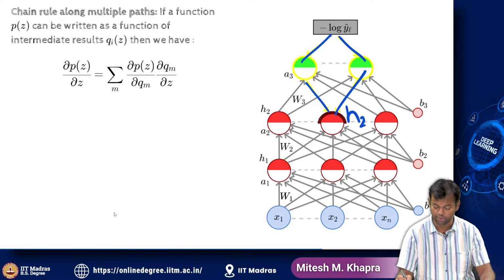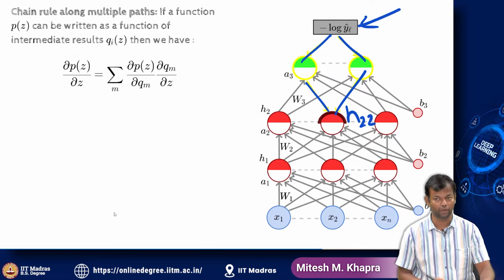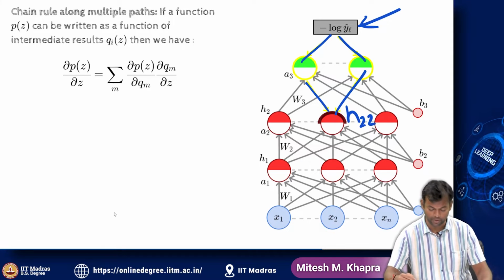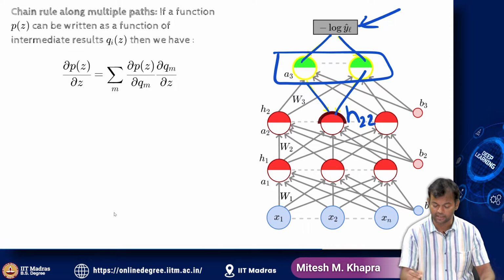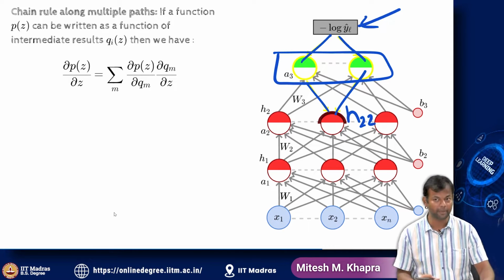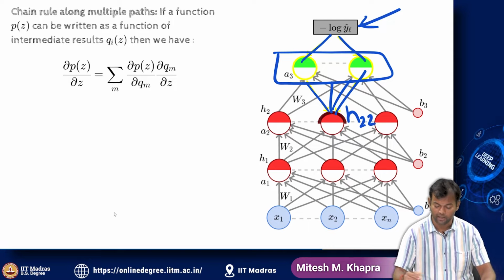You have this quantity h22, and you are interested in the derivative of the loss with respect to h22. You know that the loss depends on h22 because it depends on quantities which were computed using h22. So the loss depends on h22 and there are multiple paths. How many paths are there?